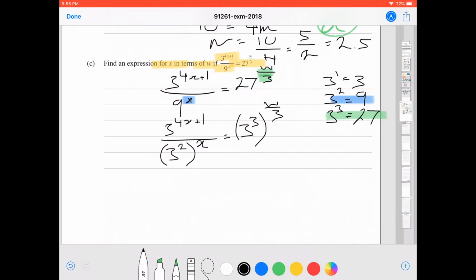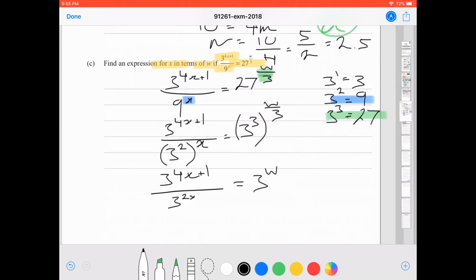So we can simplify this. 3 to the power of 4x plus 1 is still unchanged, over, and we've got powers on powers, so we multiply the powers, so it becomes 3 to the power of 2x. And this equals 3 to the power of, now 3 times w over 3, the 3 over 3 cancels, it becomes 1, and so it's just 3 to the power of w.